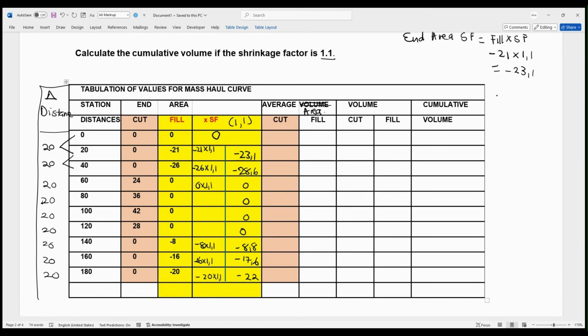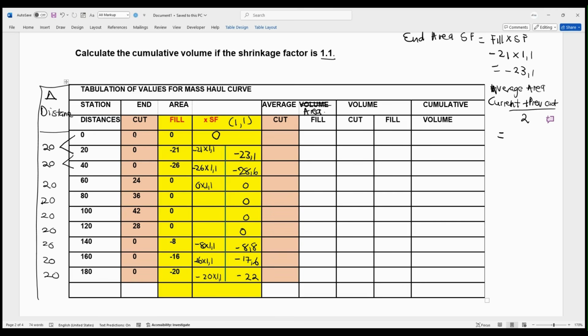The formula for average area is the current cut plus the previous cut, divided by 2.